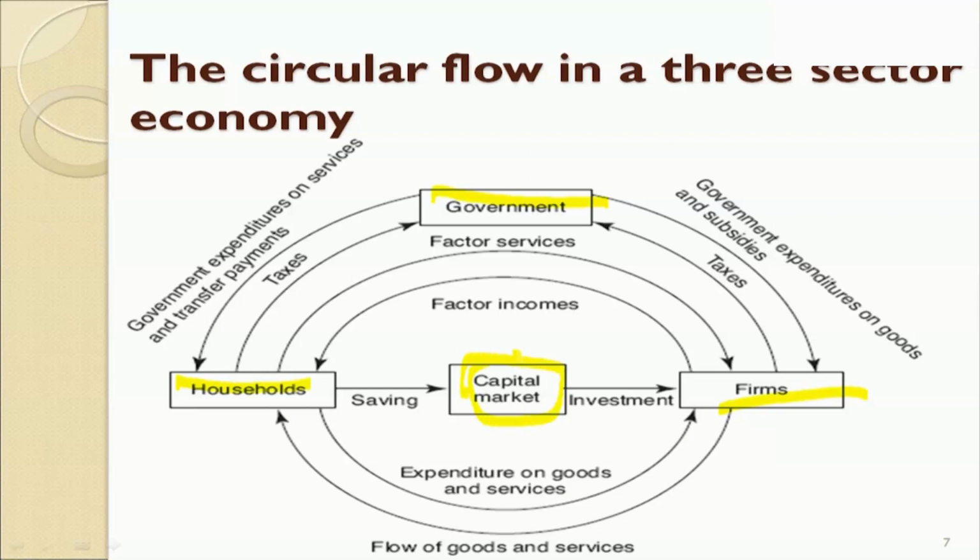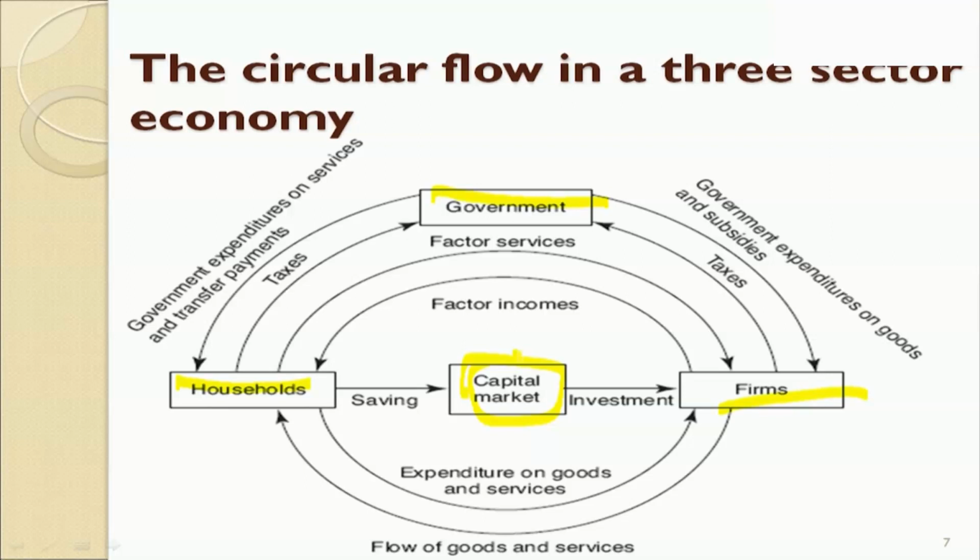What is the role of the capital market or a financial institution or a bank? They are collecting deposits, and those deposits are going to be given in the form of loans, or they are going to make investments into other business, core business activity or other related business activity.